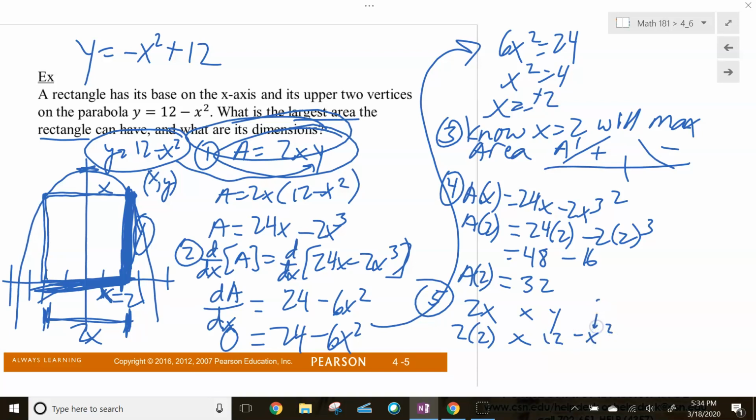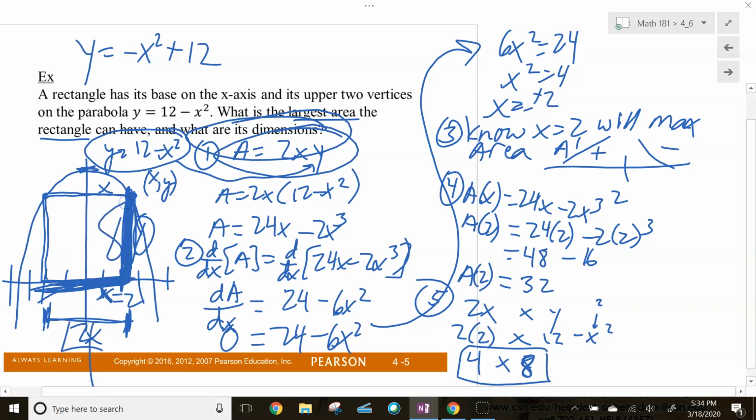Well, our x is 2. So we got 4 by 12 minus 2 squared, 12 minus 4, 8. So this is a 4 by 8, are the dimensions. Okay.